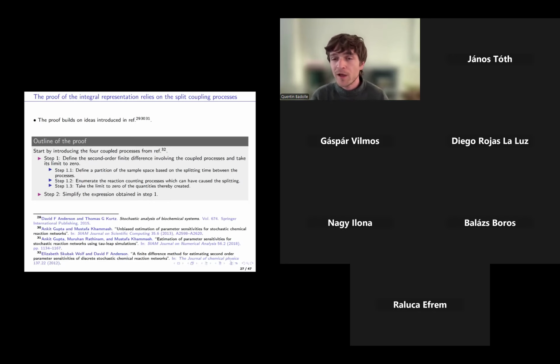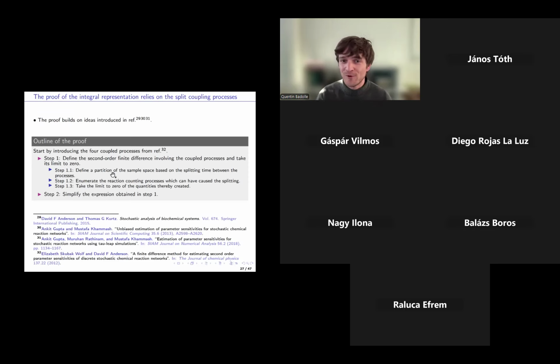Then we have a path-by-path approach where we first define a partition of the sample space based on the split time between the processes. The key idea here is that your processes are going to have the same value for some time, and at some point one of the four processes is going to decouple. By this observation, we can look into which reaction counting process caused the split.